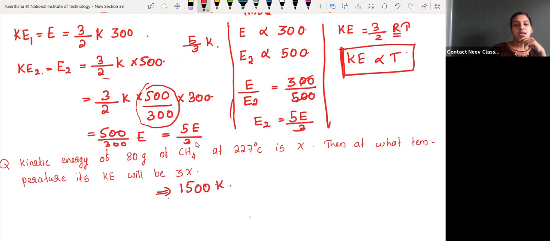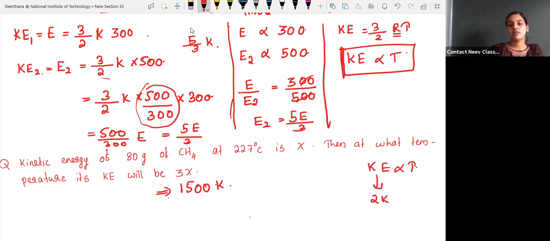Simply, kinetic energy is directly proportional to temperature. This is like V directly proportional to T, Charles law. And whatever techniques we have applied in Charles law, you can use in this. If I am increasing the kinetic energy by 200%, the temperature should increase by 200%.